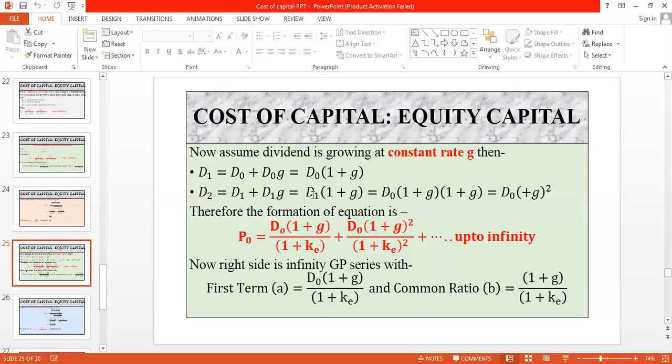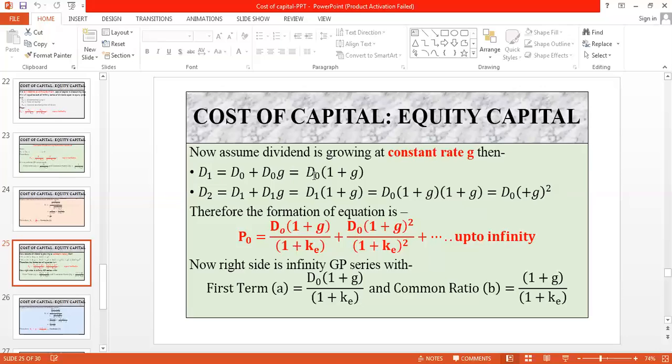In that case, you have to write D0 into 1 plus G in place of D1. So ultimately it will be D0 into 1 plus G into 1 plus G. That means D0 into 1 plus G whole square.